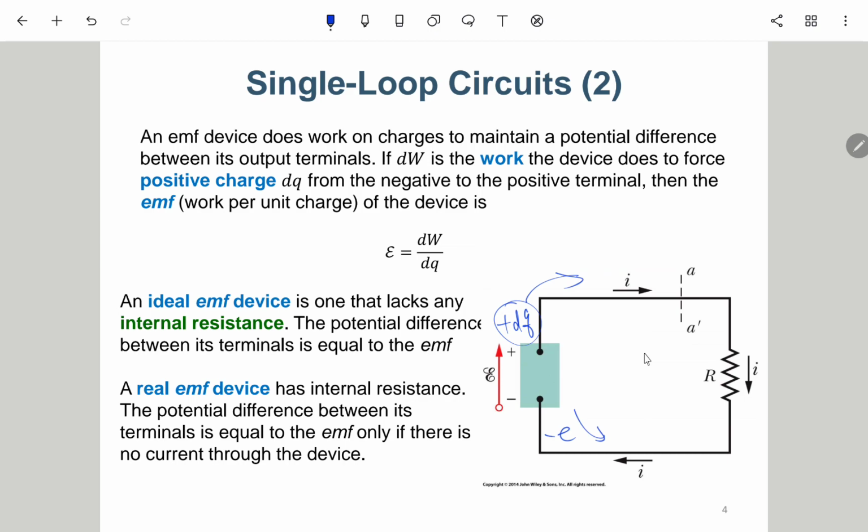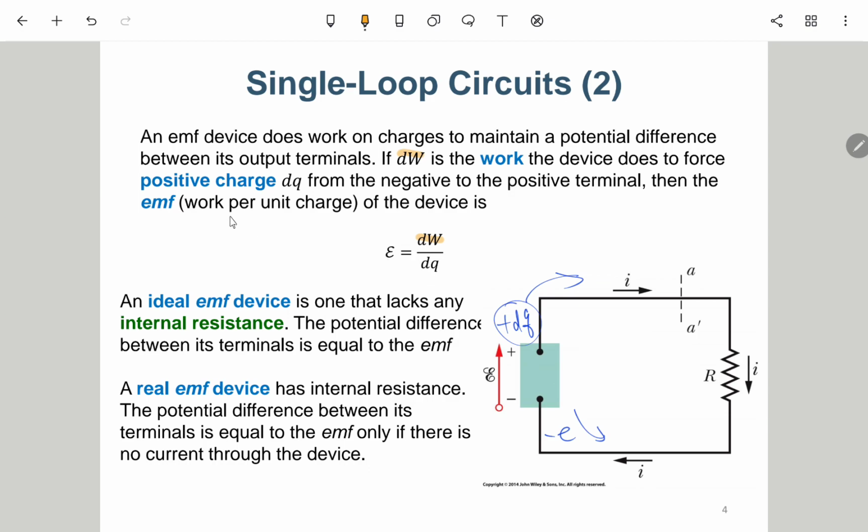The only case that is different is the Hall effect we introduced in chapter 28. But here we can simply consider the charge as a positive charge going in this direction, which is the same direction as the current. So this is the work dW, divided by this dq.